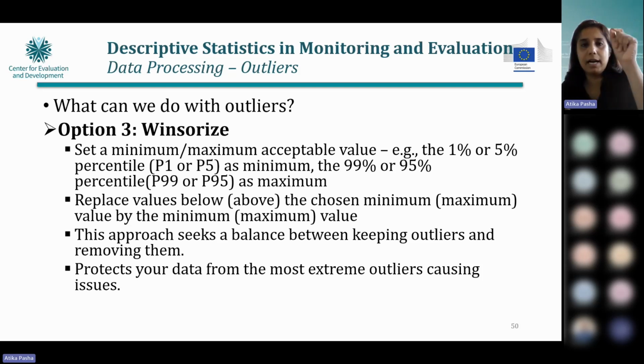The 90th percentile divides the data into 90% below and 10% above, and you say that everything in that top 10% is really just absurd values that do not make sense. All of these values will then be replaced by the value at the 90th percentile. In the example, the value at the 90th percentile is 700, so you replace everything above 700 with just 700. That value of 6,000 will just be replaced by 700.